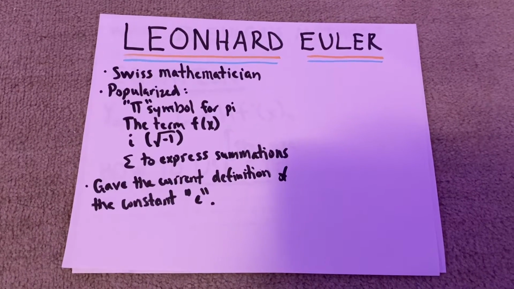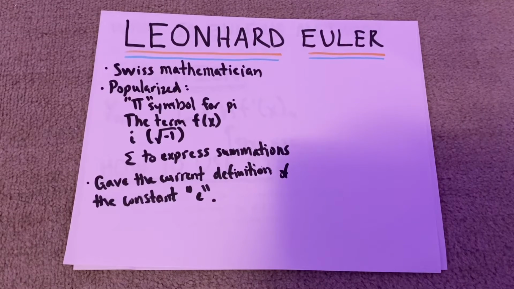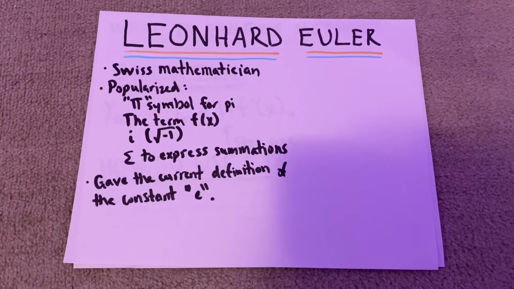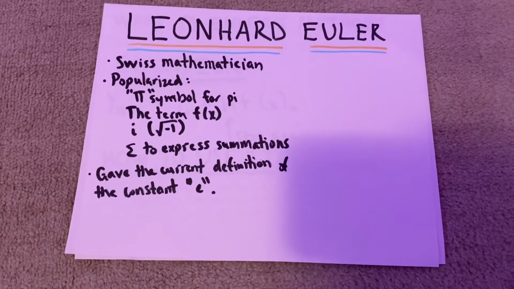So these are just a few of the things he did, but he did so much more in so many different fields as well. This is just what he did in the math field.